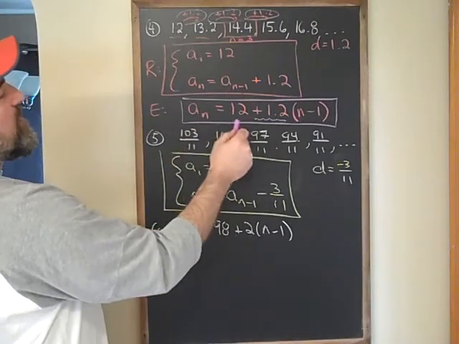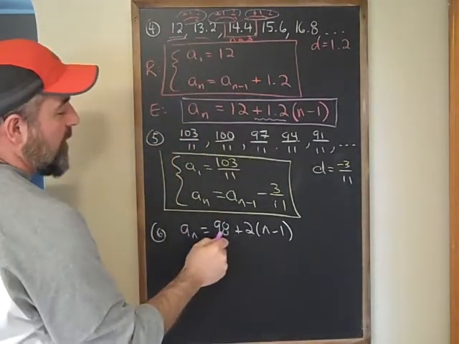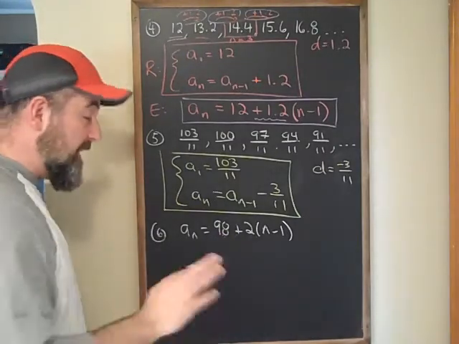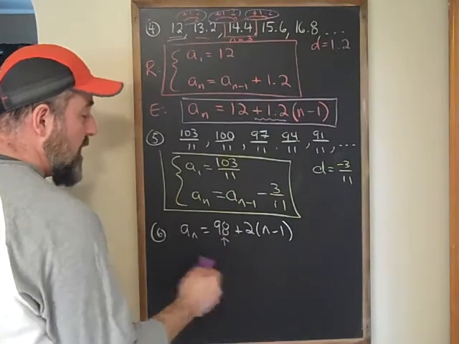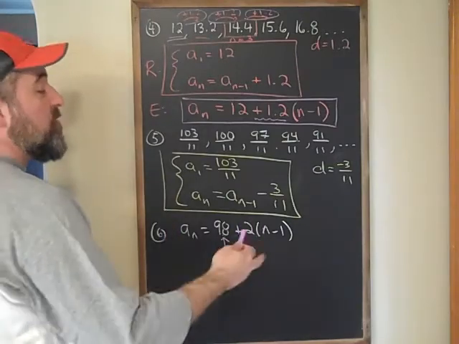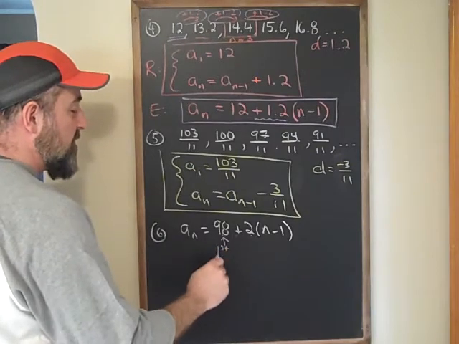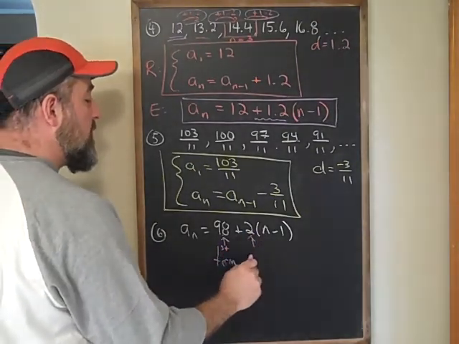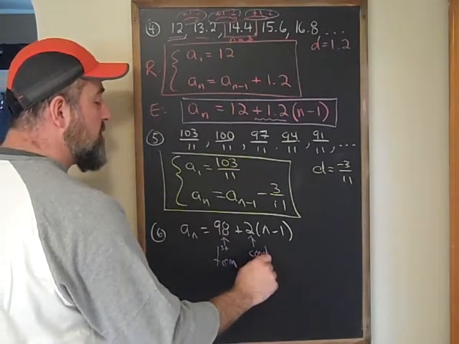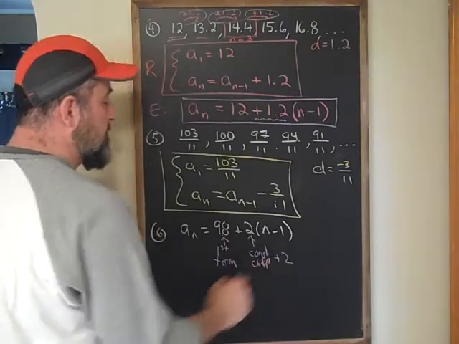And hey, when I look at this, that 12 was the first term in the sequence. Maybe the first term in the sequence is 98. It is 98. So this one, because it's written in the general setup for explicit formulas, you can consider that to be the first term, and this to be the constant difference of positive 2.